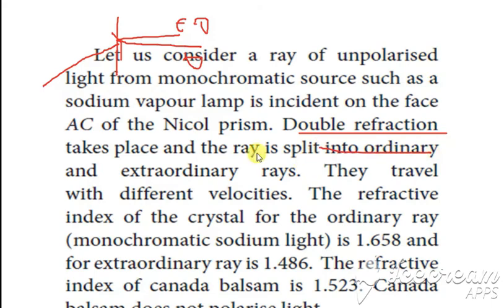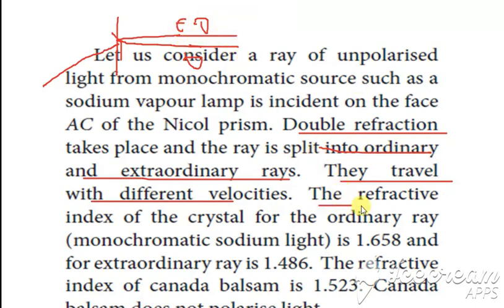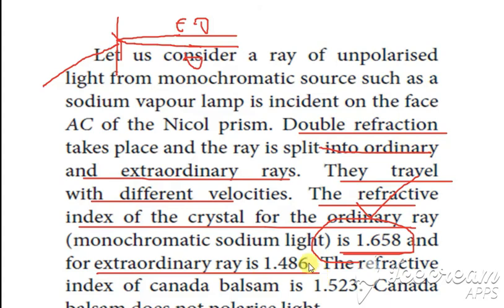It is split into ordinary and extraordinary rays, and these rays travel with different velocities. The refractive index of the crystal for the ordinary ray is 1.658, and for the extraordinary ray the value is 1.486.